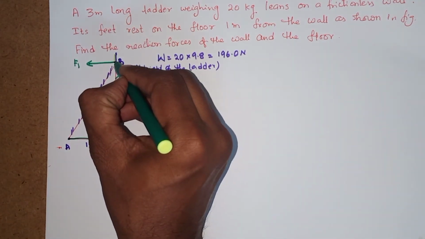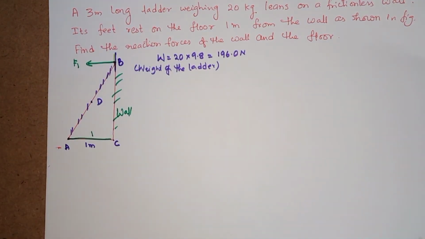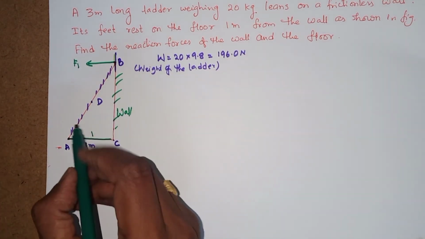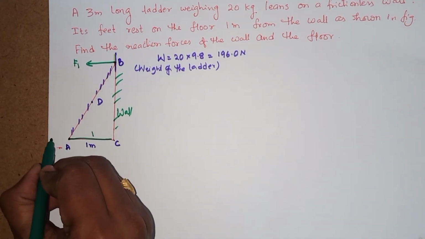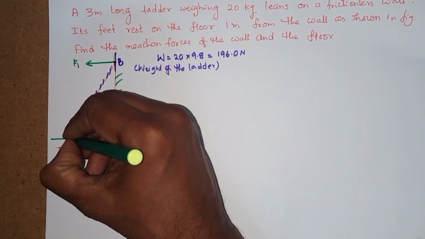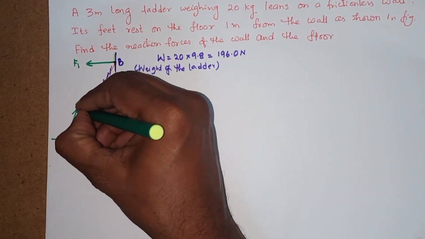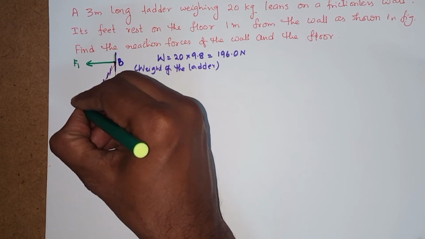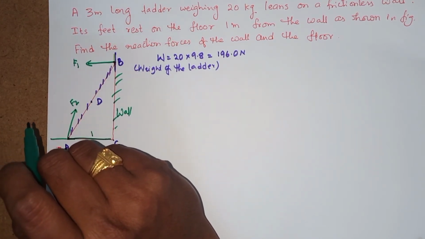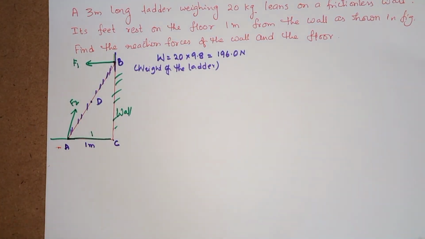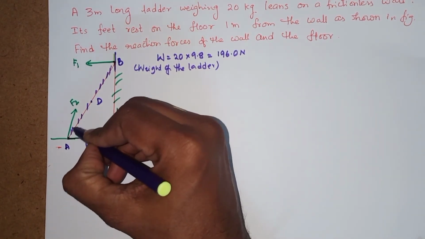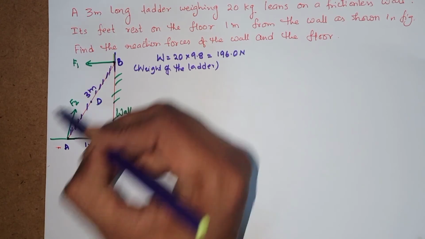This is the reaction force F1, and the other reaction force which is acting on the floor is called F2, right? Now the length of the ladder is 3 meters.